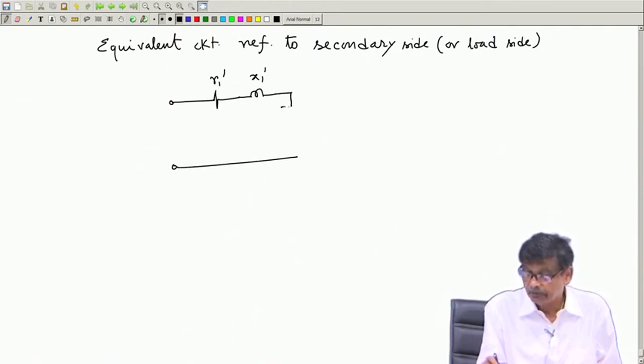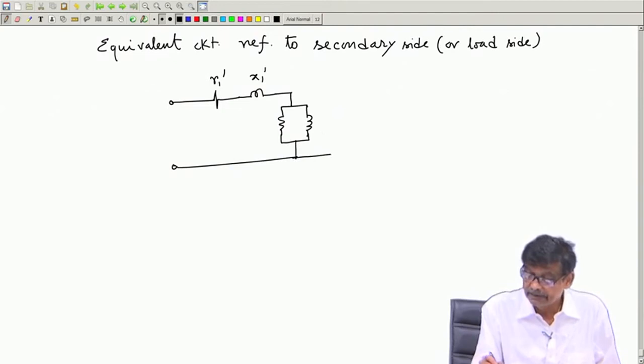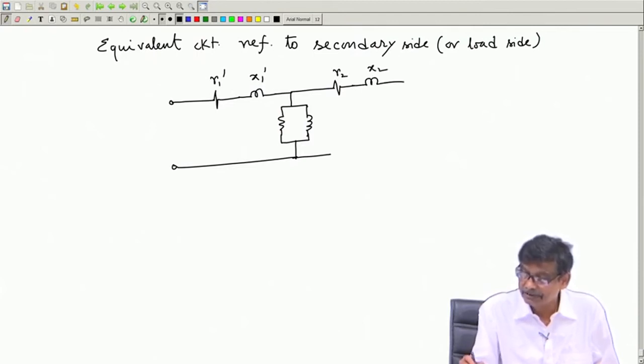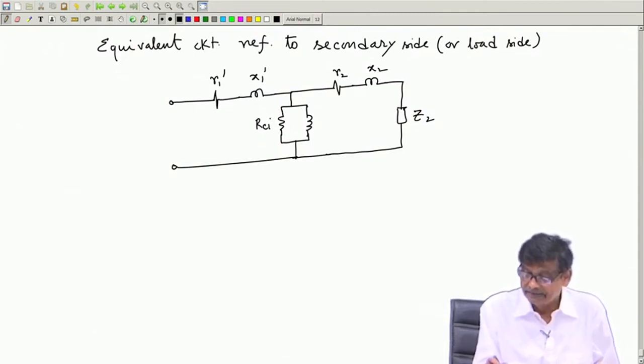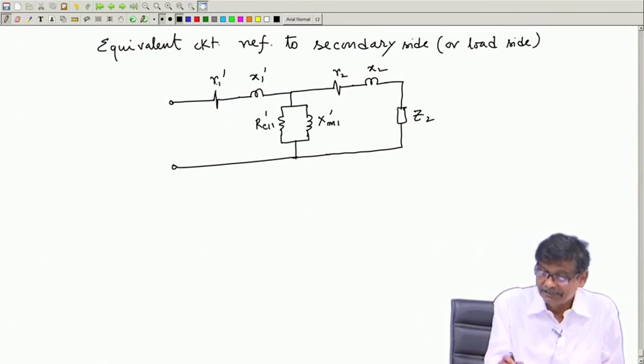Here those two parallel branches should be like this, and these two should not be disturbed. We are going to the secondary side, and this impedance should be Z2, and this of course should be RCL1 dashed, XM1 dashed.